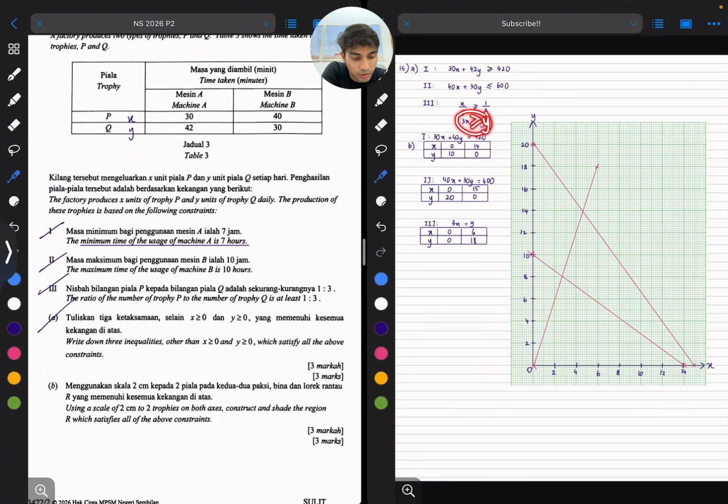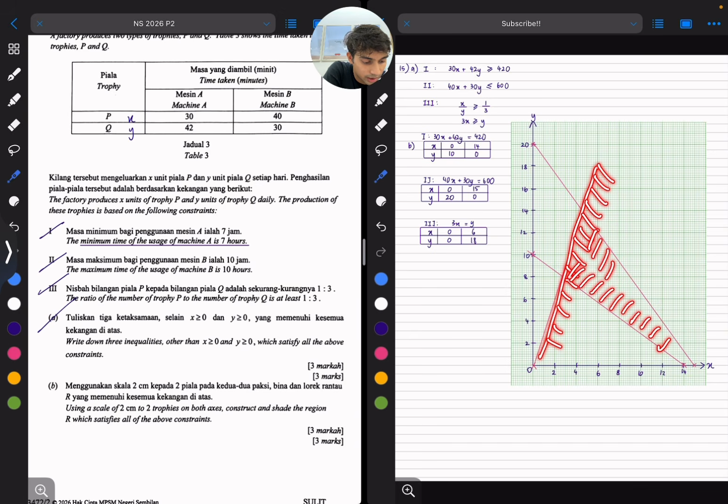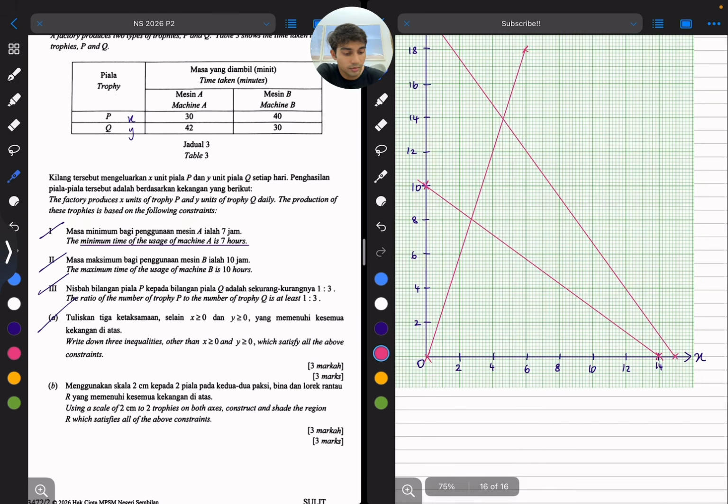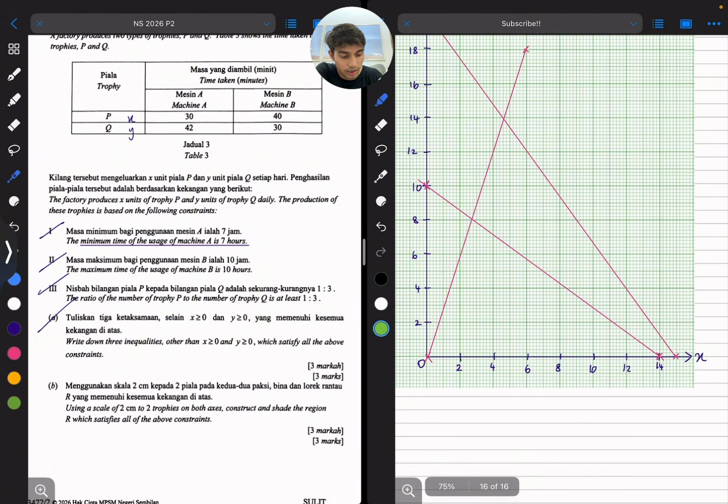So this is our line, and less than means underneath the line. So the first one was above the line, the second one was under, the third one is under. So the area that satisfies all 3 is here. I'm going to use my highlighter to shade this region. This is our region R.